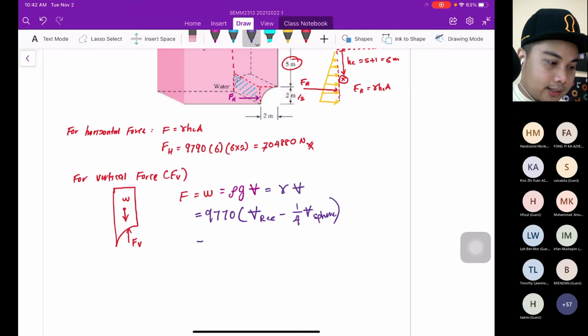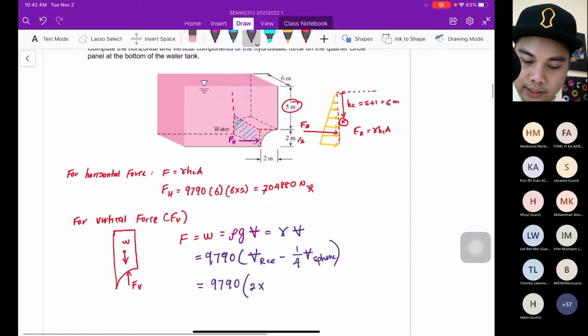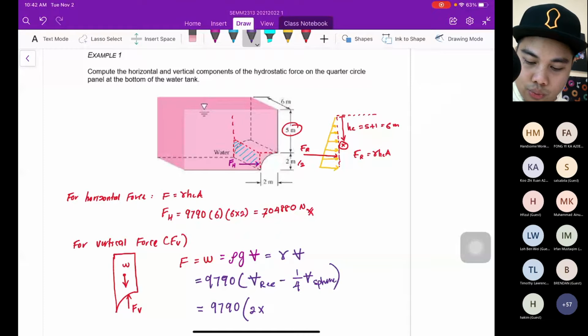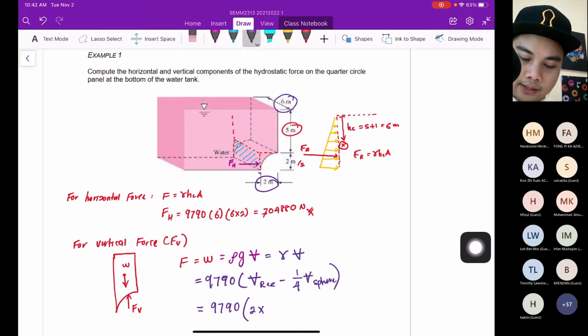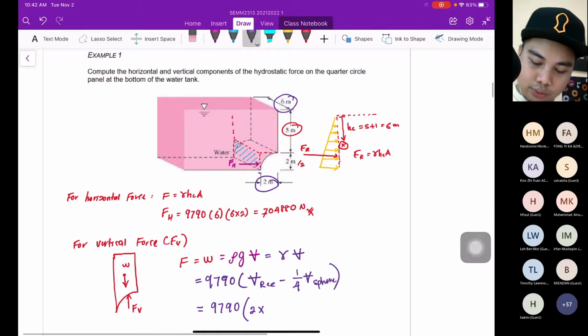Okay, it's very simple. 9790, the volume of the rectangular block is 2 multiplied by 6 multiplied by 7, because 5 plus 2.